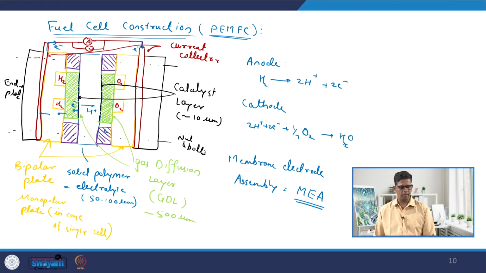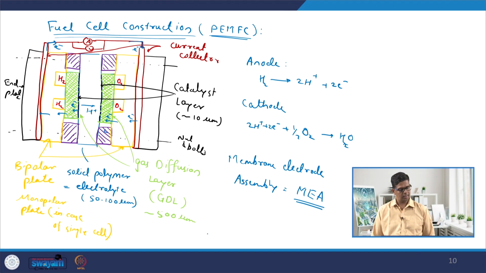Once they come to the cathode side, these electrons again jump back to the bipolar plate or the monopolar plate of the cathode side, and from this plate they get into the gas diffusion layer of the cathode, and from the gas diffusion layer to the catalyst layer of the cathode, where the cathodic reaction takes place.